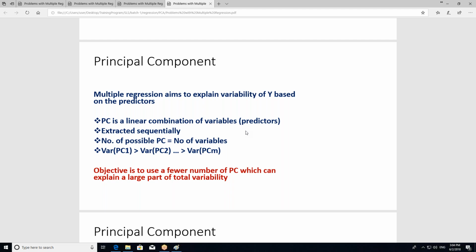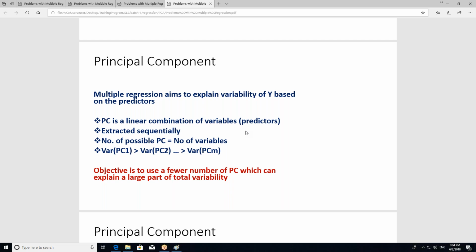Now each principal component is going to explain some part of the variation in the y variable. As I have explained, adjusted R square is nothing but the amount of variation in your y variable explained by all your independent variables.